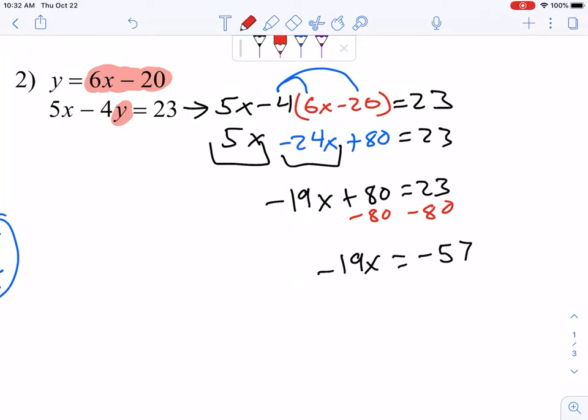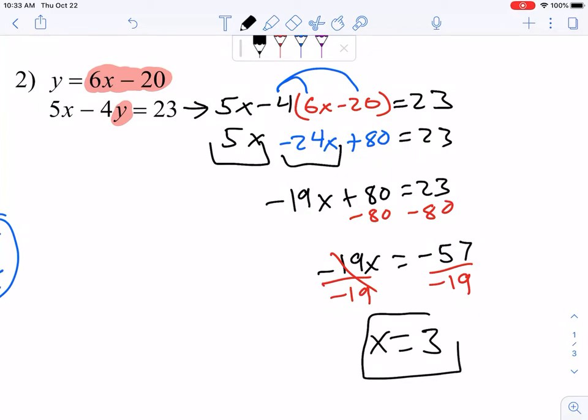And then I'm dividing by negative 19 on both sides to find x. Negative 57 divided by negative 19 is going to give us a positive 3. X equals positive 3.